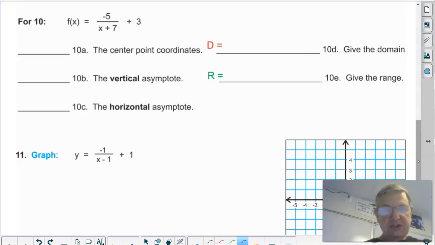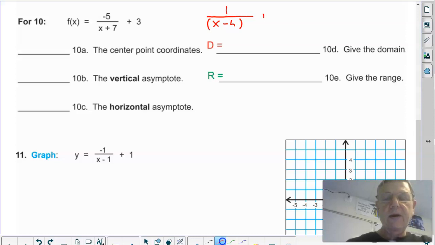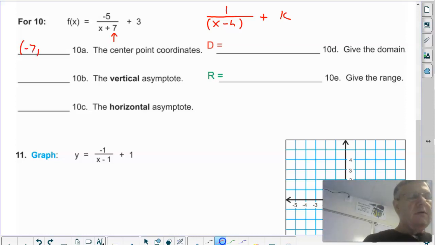All right, center point. Remember, the denominator is x minus h, whatever's up there, plus k. So that 7 right there must have come from a negative, negative 7. And what is the k? A 3.